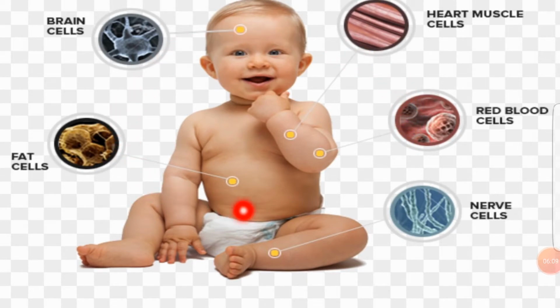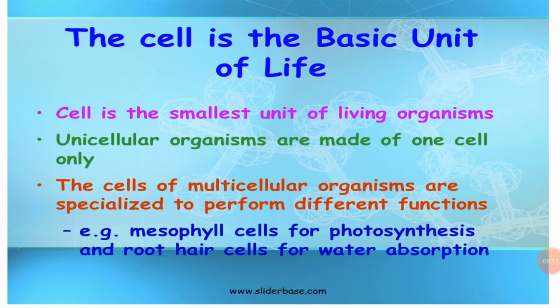These are the examples of different cells which make up an organism like a human being. So we can conclude that a cell is the smallest unit of a living organism. You can also learn the definition of the cell.